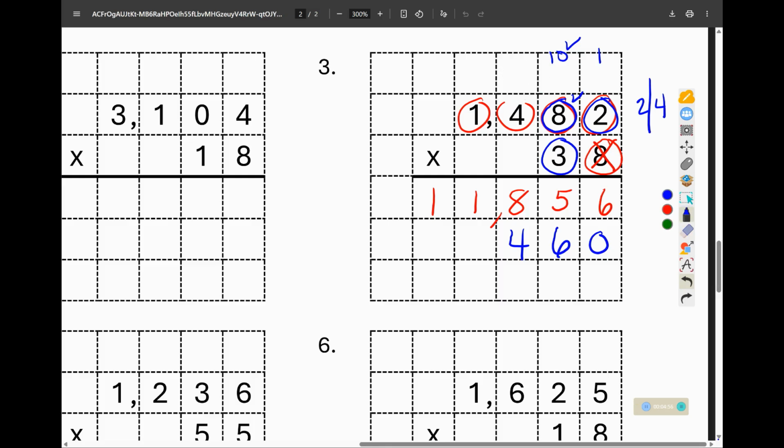Well, if I had my marker on. 3 times 4 is 12, plus 2 is 14. 4 goes on the right, 1 goes on the left. 3 times 1 is 3, plus 1 is 4.